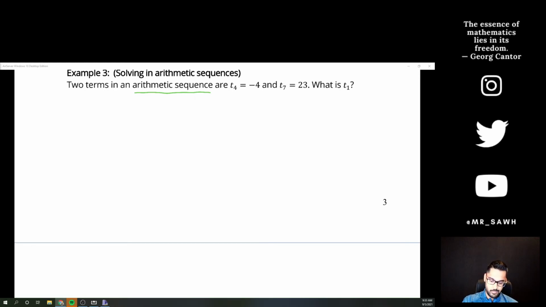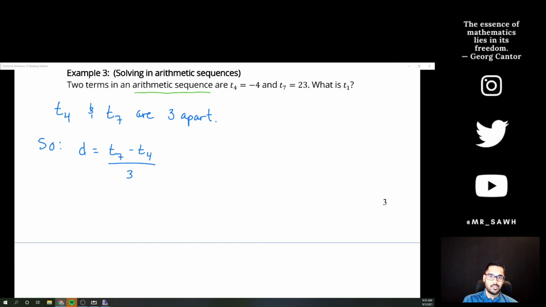So let's make this a little bit more formal. Term 4 and term number 7 are 3 apart. In order to find our common difference, we'll take the 7th term, subtract the 4th term's value, and cut it into thirds.